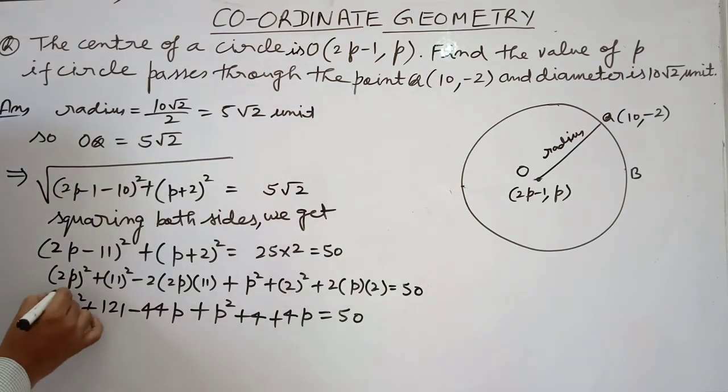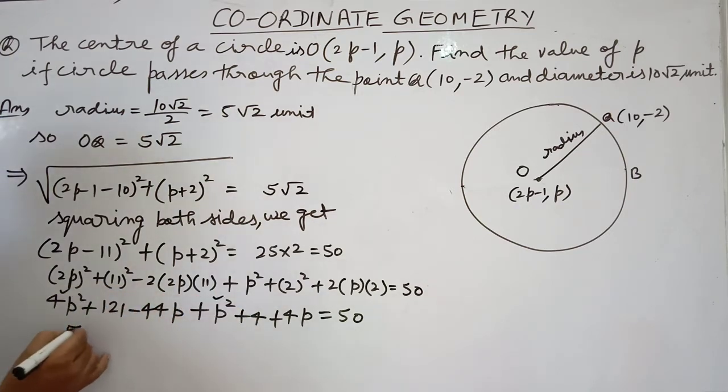So 4p square plus p square is 5p square.